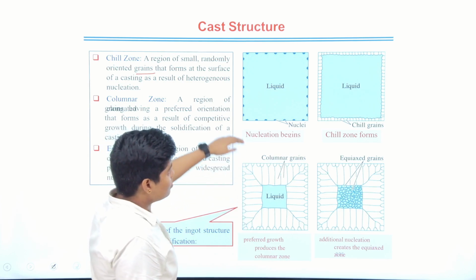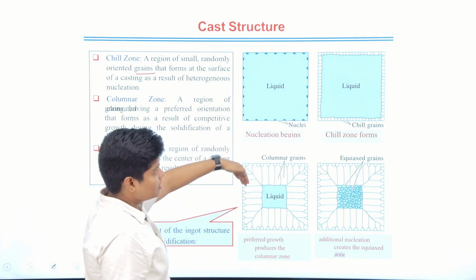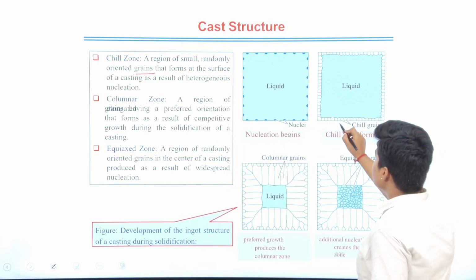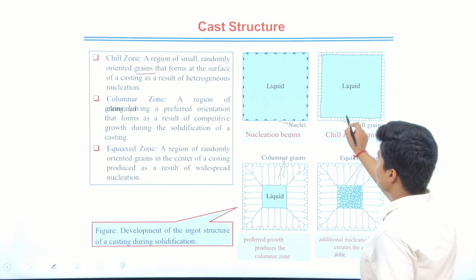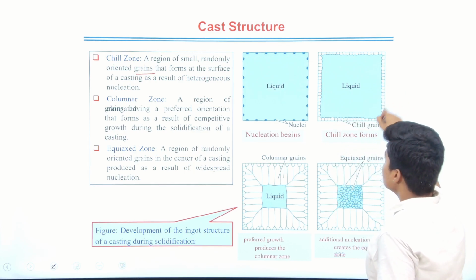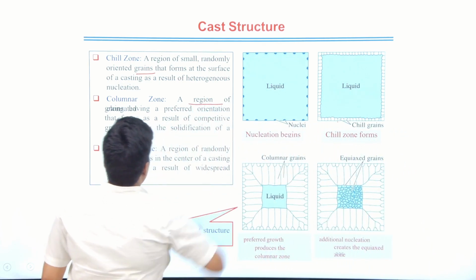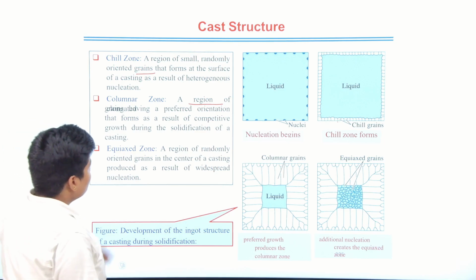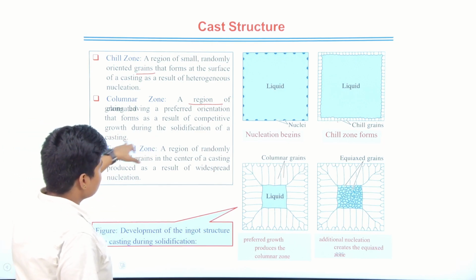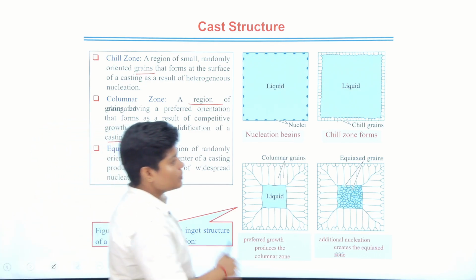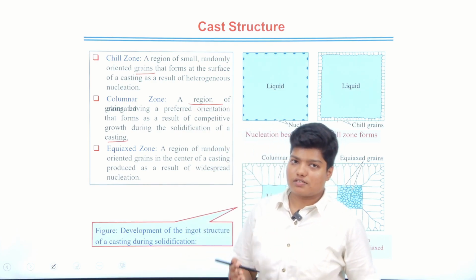If you are pouring liquid metal into the mold, what happens? The chilled grains will be formed at the chilled zone, meaning at the surface of the metal. These are tiny little grains. Then the columnar zone is the region of preferred orientation that forms as a result of competitive growth during the solidification of the casting, because there will be competition between the grains.